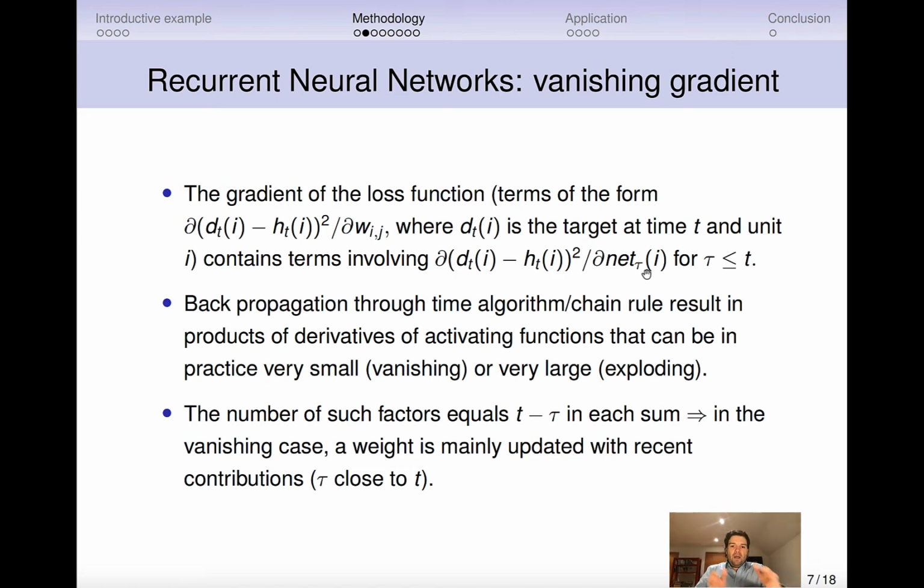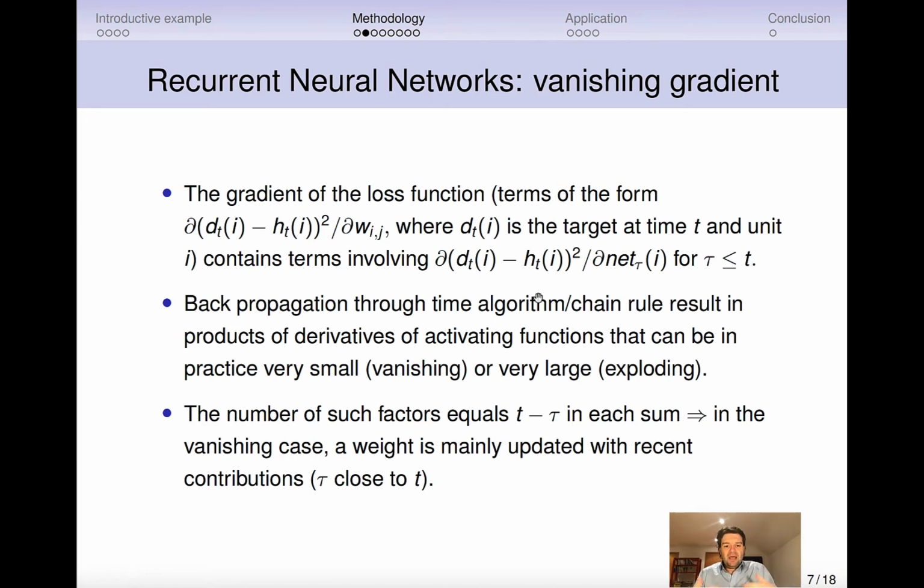And you backpropagate the error flow. We name that like this. From the fact that you know this at time tau, it's possible to immediately compute it at time tau minus 1, and after at time tau minus 2, and so on. You backpropagate the error flow. This is what we say in the language of machine learning, in the case of neural networks.